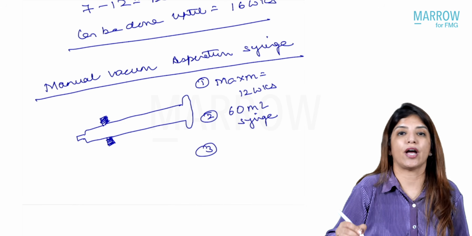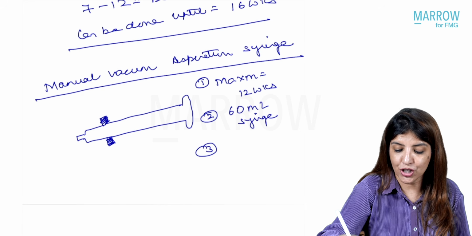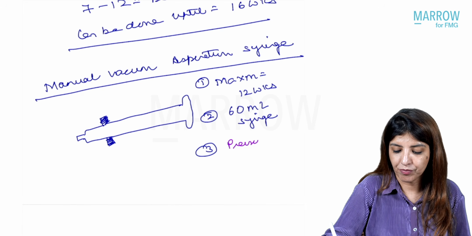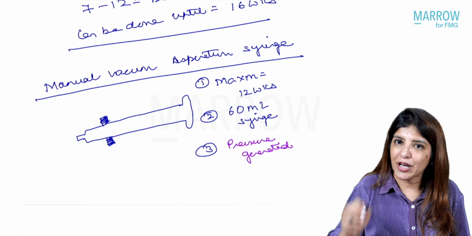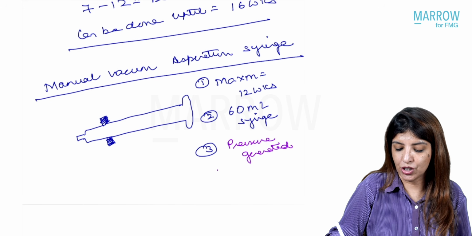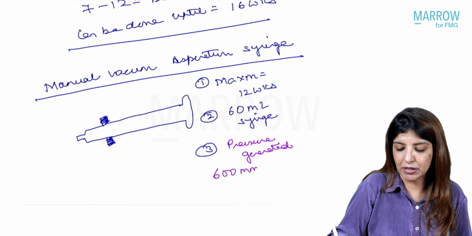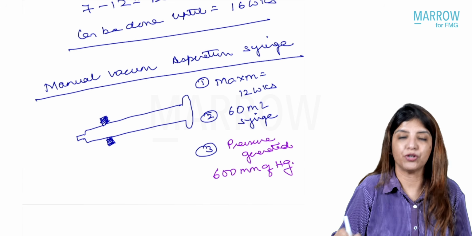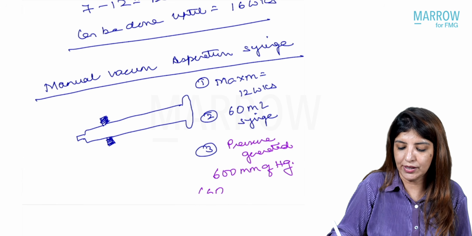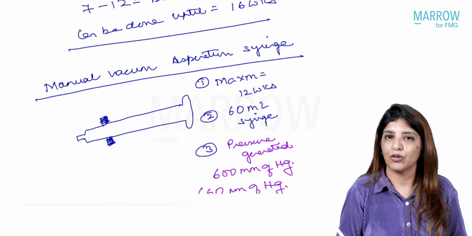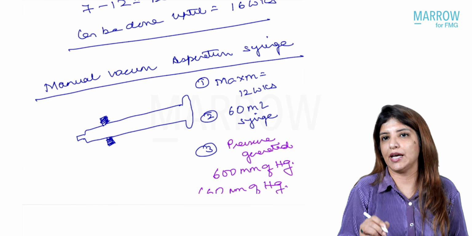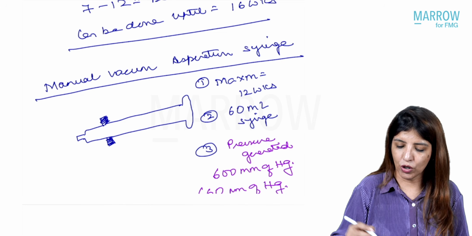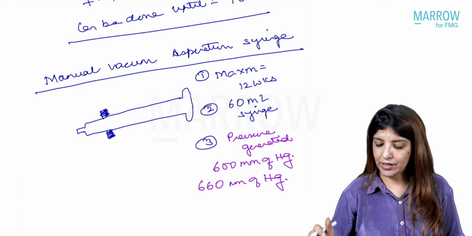The third question they ask is the pressure generated by this syringe. The pressure generated by this syringe is 600 millimeters of mercury. If 600 is not given, then 660 millimeters of mercury, right? That is the pressure generated by the MVA syringe. Clear to all of you? Okay, let's look at the next question.